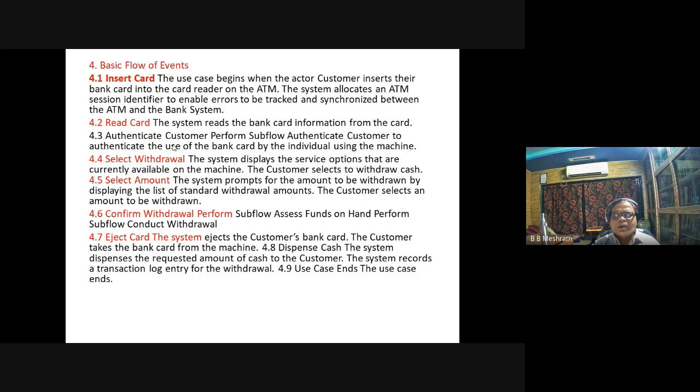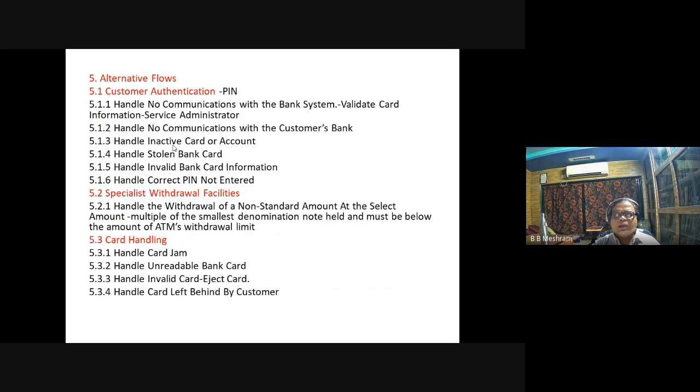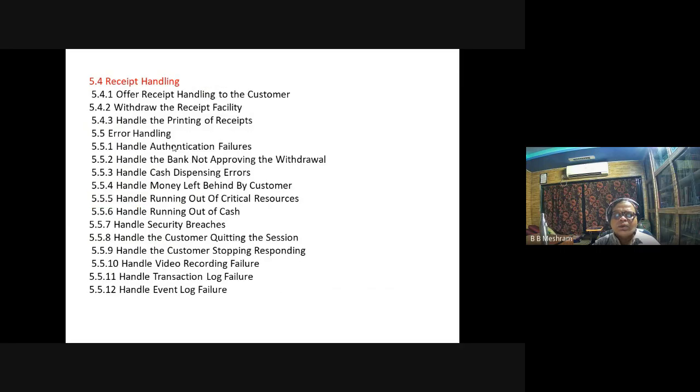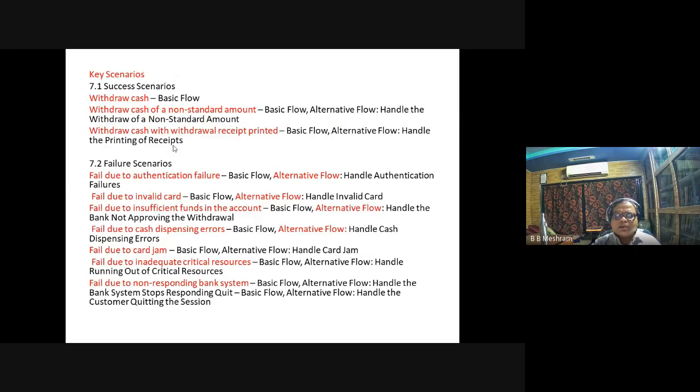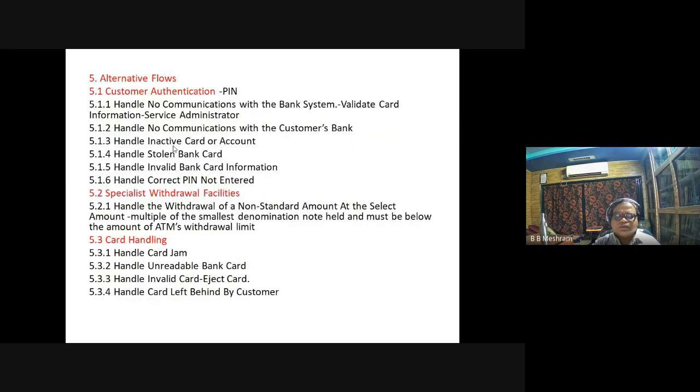Now, in this use case, we will study basic flow of events and alternative flows, and what are the special requirements for this.